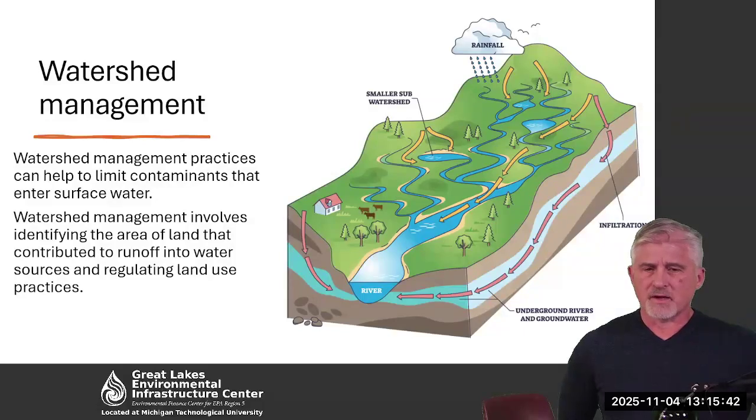So we want to identify the area where all of the water will come from, and then put in place management practices that ensure that it's maintained, and we're receiving quality water to our source.